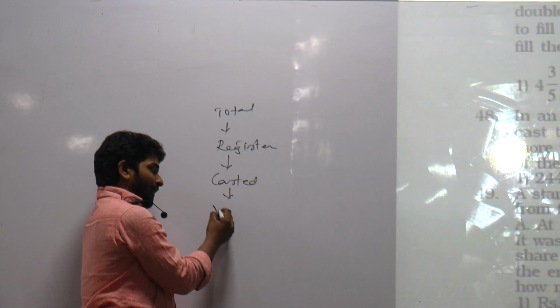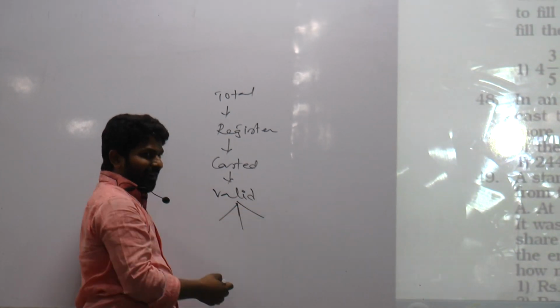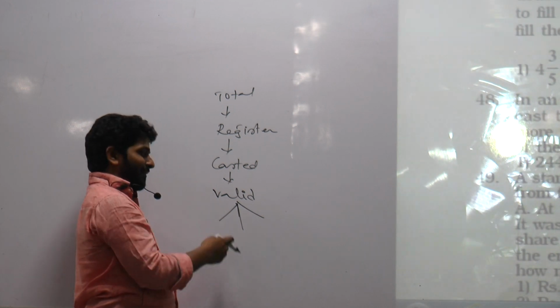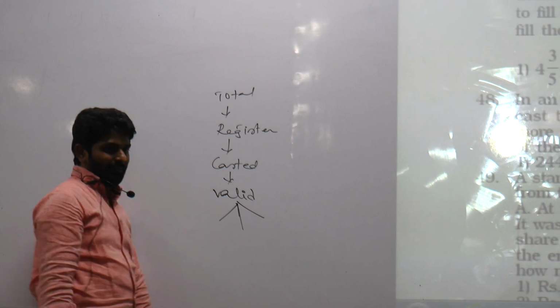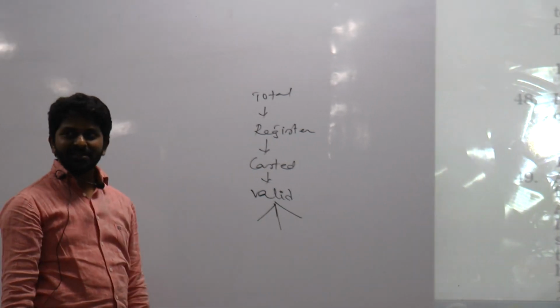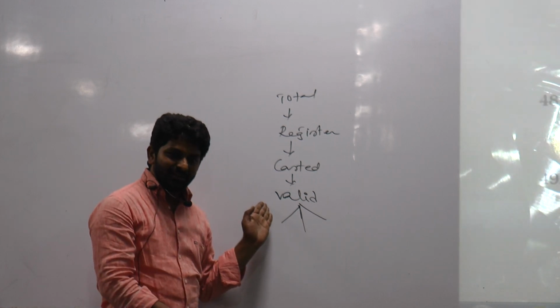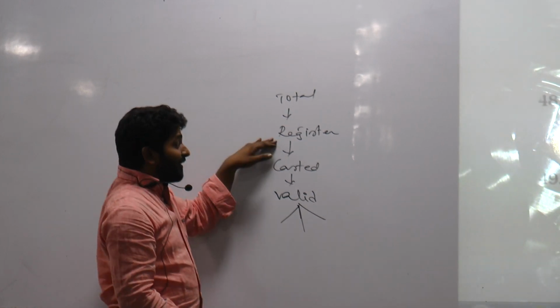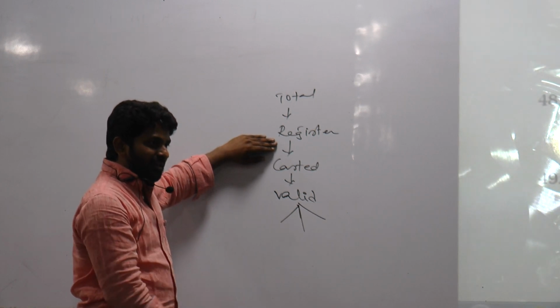And then valid votes, and then valid, invalid. Contestants are going to share valid votes, right? If you have valid votes, indirectly it says you have invalid. If you have registered voters, indirectly it says you also have not registered voters, right?